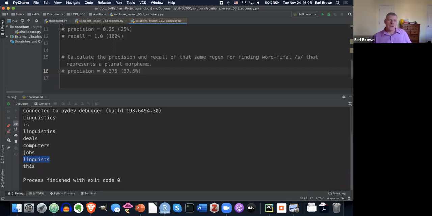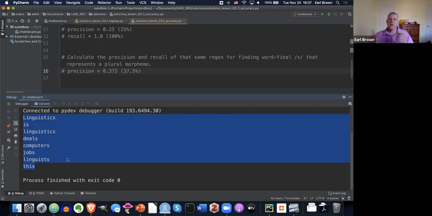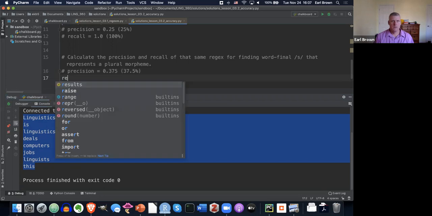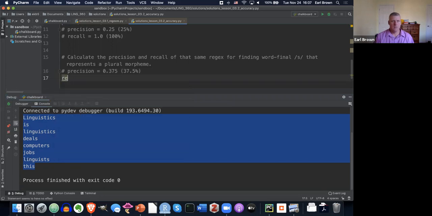So what we got back, again, this is how you read precision. Of what we got back from our search, 3 out of 8 or 37.5% actually are plural S. If we had used that regex to try and find plural S, our precision would be at 37.5%. And our recall should be 100% as well, because every last one of those 3 plural S's was found, right?